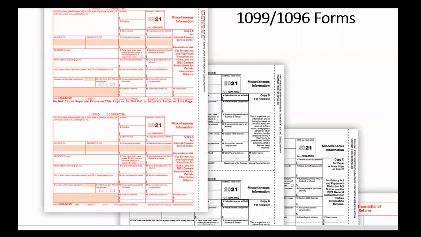We highly recommend that you get these forms early on, and then you make copies. You make photocopies of it so that you can make printing tests with your printer, and we can make sure that come January next year, you are ready and everything is printing out correctly.